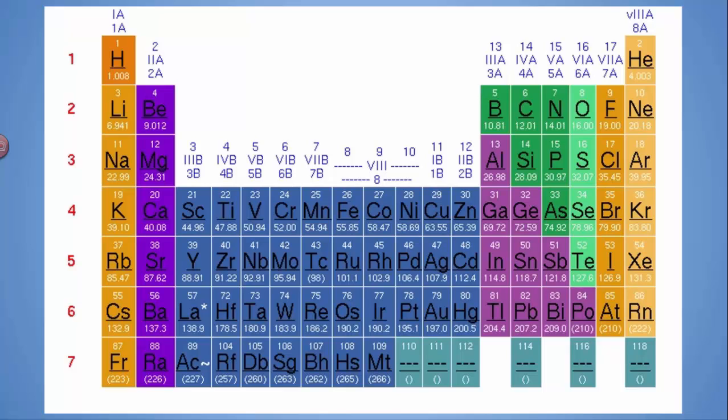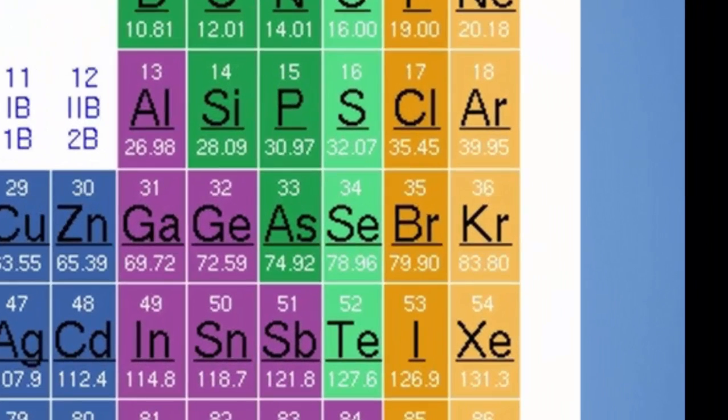So looking at the periodic table, we can figure out how many electrons an atom will gain or lose to be like its nearest noble gas. We can pick any main group element. Let's take selenium, for example, number 34. Selenium has 34 electrons when it's neutral.